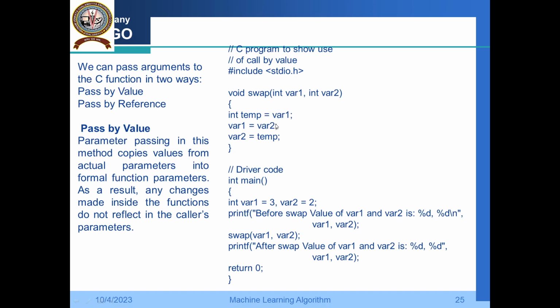This is just for swapping. Int main, int var1 is equal to 3 and var2 is equal to 2. Before swap, values of var1 and var2 will be 3 and 2, then swap var1 and var2, and after swap it will be 2, 3, same thing. Okay, you get it now. So this is an example of pass by value.